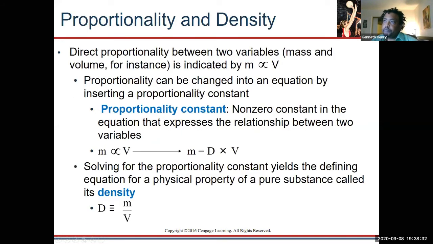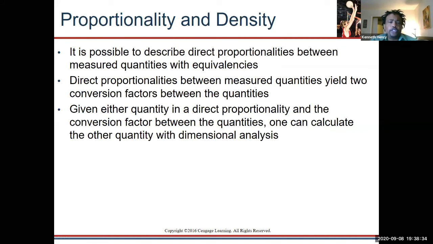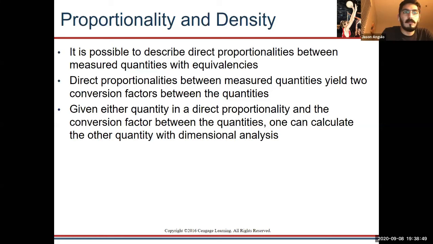Okay. So, have you heard the word proportional before? Yeah? No? Maybe? What does it mean? Anybody?